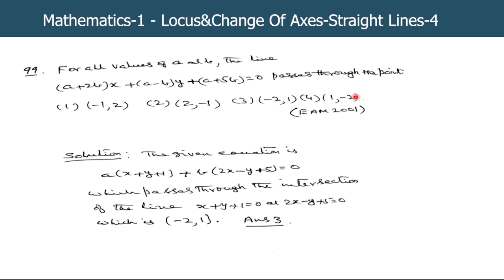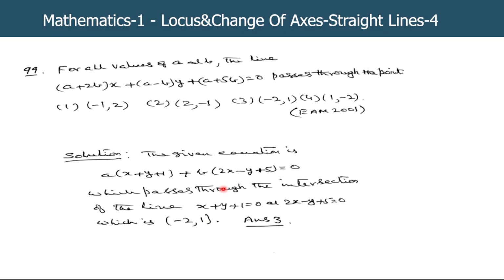So, the given equation, now write it in the form of ax plus by plus c equal to 0. So, rewriting the given line equation, we have a into (x plus y plus 1) plus b into (2x minus y plus 5) equal to 0. And you know that this equation represents a line passing through the point of intersection of the lines x plus y plus 1 equal to 0 and 2x minus y plus 5 equal to 0, whose point of intersection is simply (minus 2, 1).